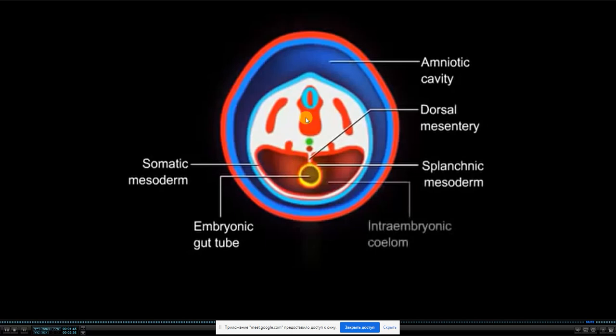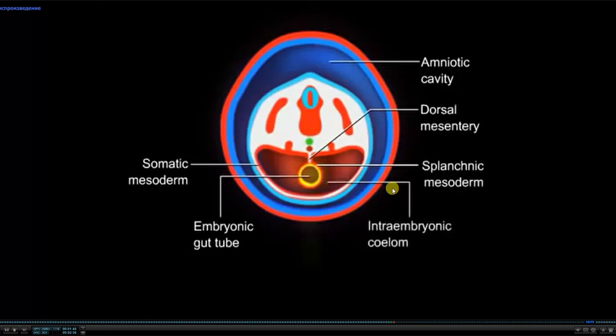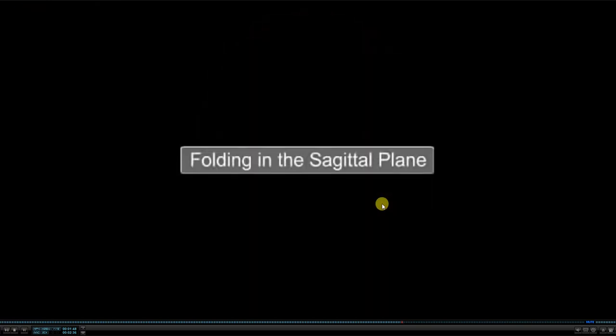And you see, when enveloping of the amniotic cavity happens, the splanchnopleura and somatopleura remain, and between them forms a cavity, an entire cavity, which surrounds the embryonic gut tube, and its name is the intraembryonic coelom. We'll discuss the development of these cavities further in some other topic, I guess in the cardiovascular system, or in the digestive tract system.